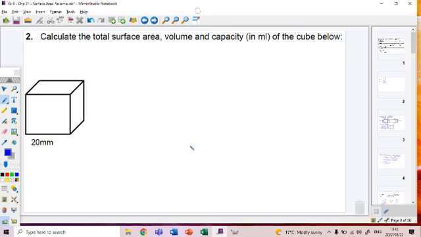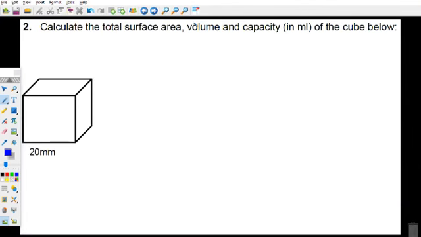And because of that, okay, let's record. So we're going to say here, total surface area is equal to 2 times, it's a cube, so it's going to be 20 times 20, plus my perimeter. What's my perimeter going to be? 20 plus 20 plus 20 plus 20, so it's going to be 80.